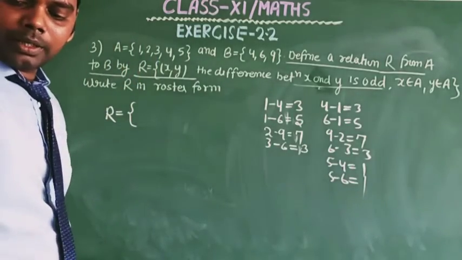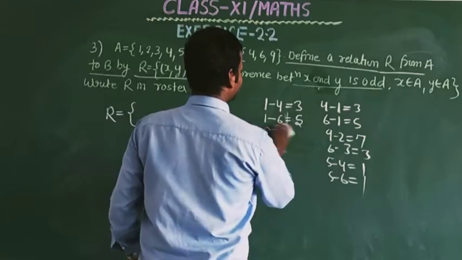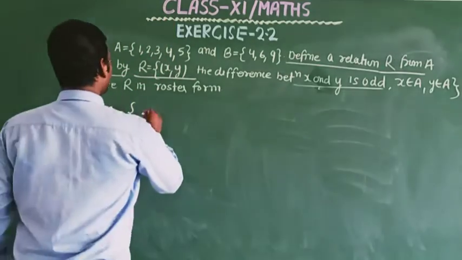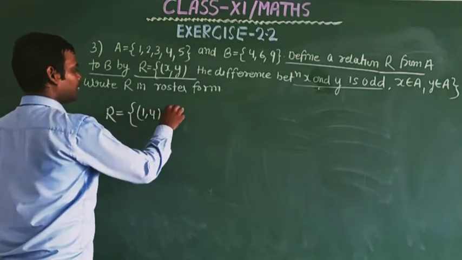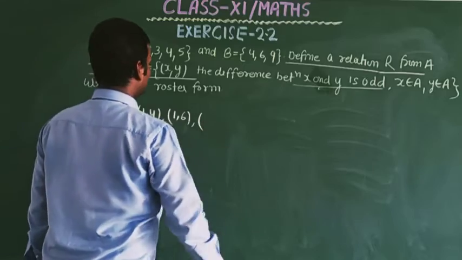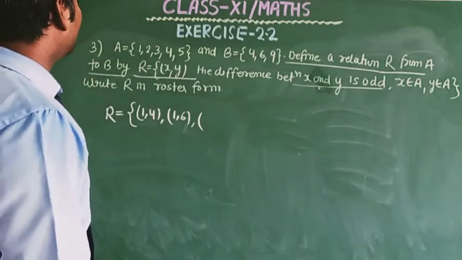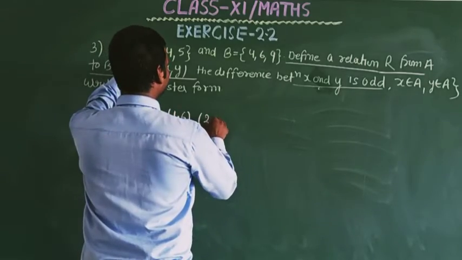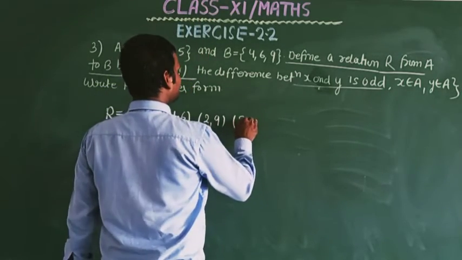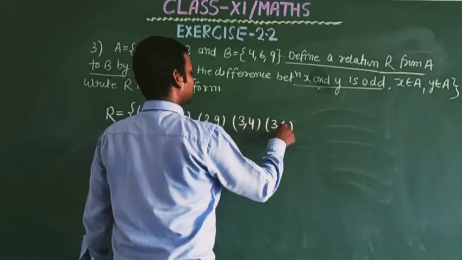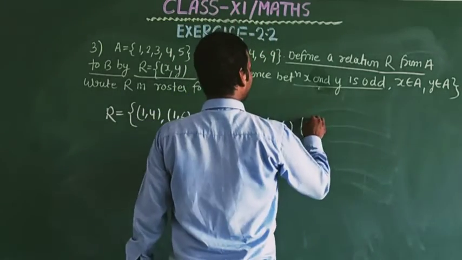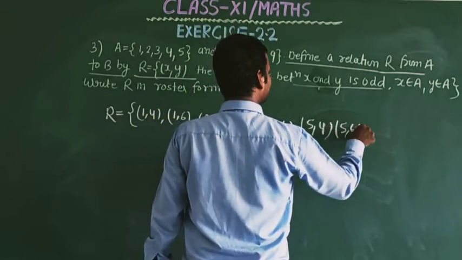So all ordered pairs in the relation whose difference is odd could be 1 comma 4, 1 comma 6, next 2 comma 9, and 3 comma 4, 3 comma 6, 5 comma 4, 5 comma 6.